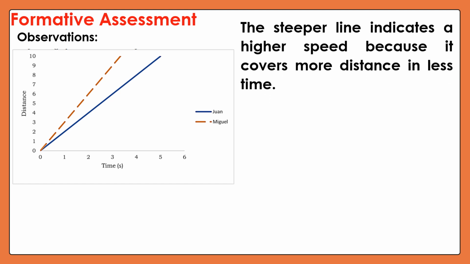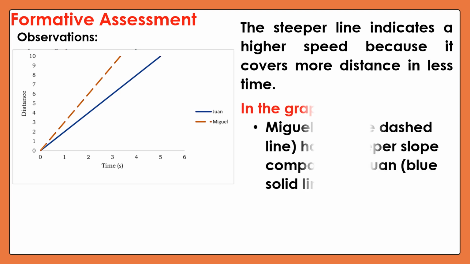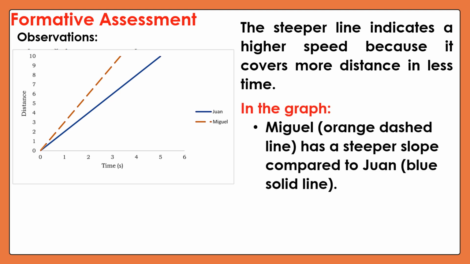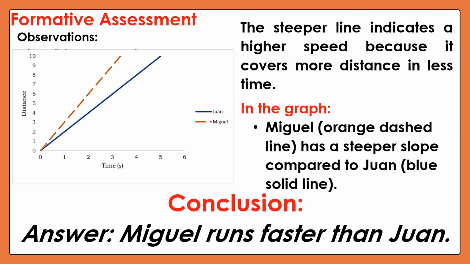The steeper line indicates a higher speed because it covers more distance in less time. In the graph, Miguel, or the orange dashed line, has a steeper slope compared to Juan, or the blue solid line. For the conclusion, answer: Miguel runs faster than Juan.